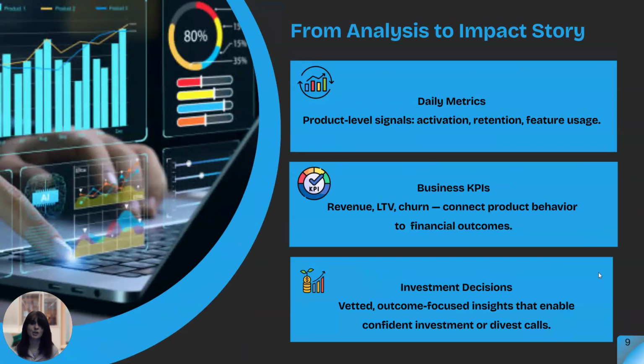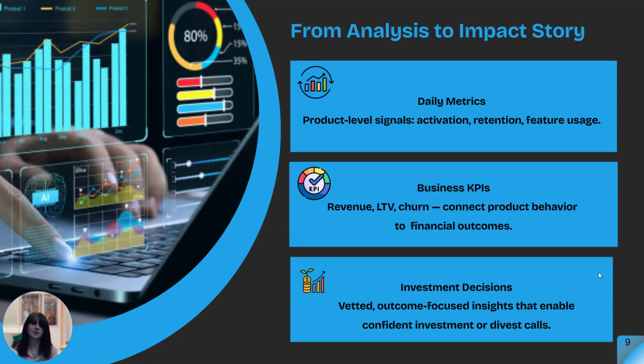Getting to the impact story, we need to have a story. Why do we do these analytics? To create a compelling story, which includes daily metrics, business KPIs, and investment decisions. In daily metrics we use product-level signals like retention, feature usage, and activation.